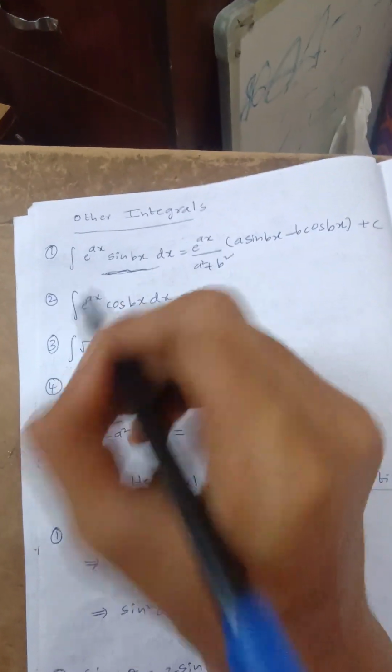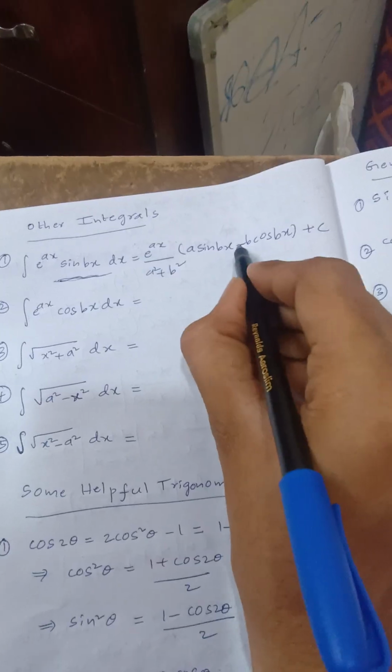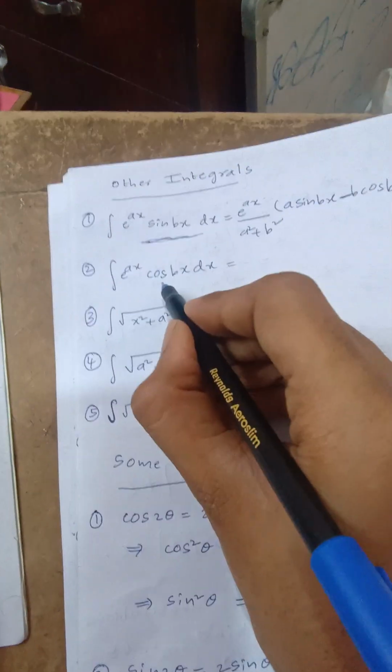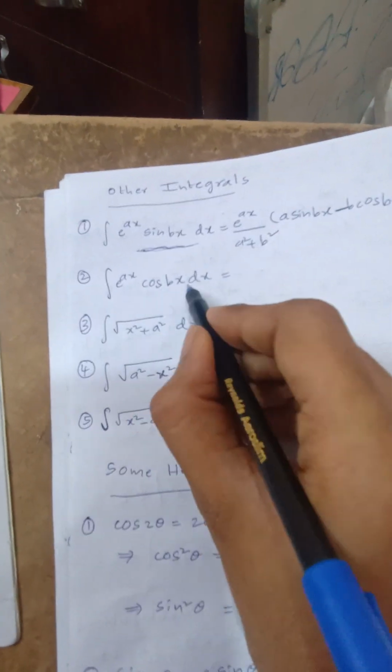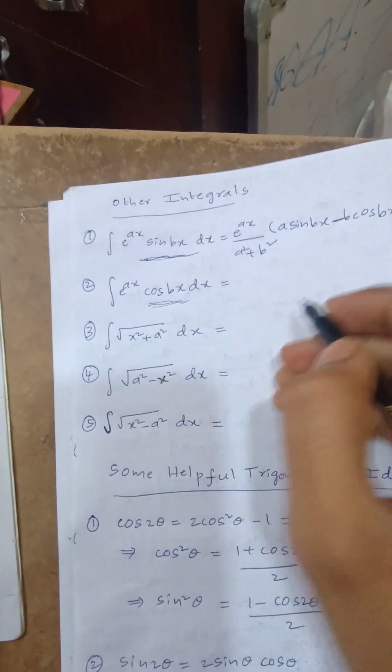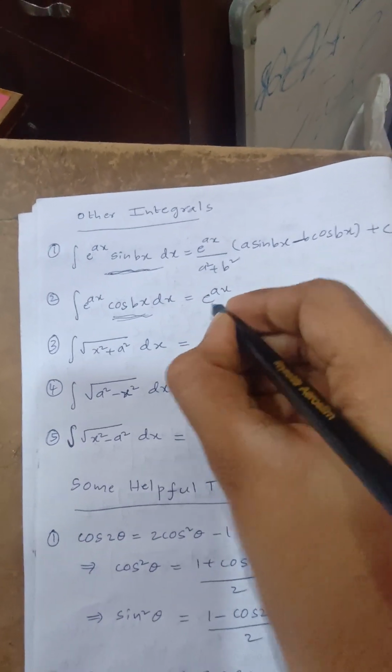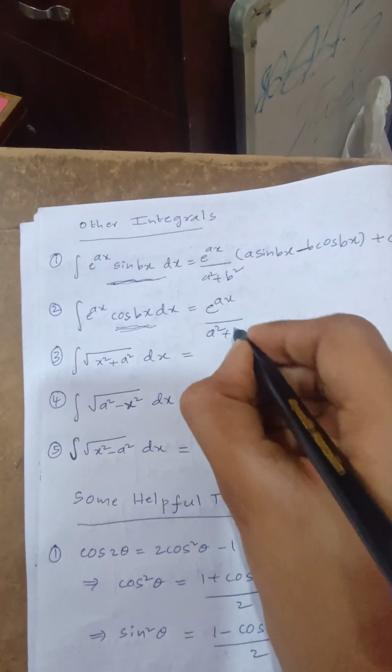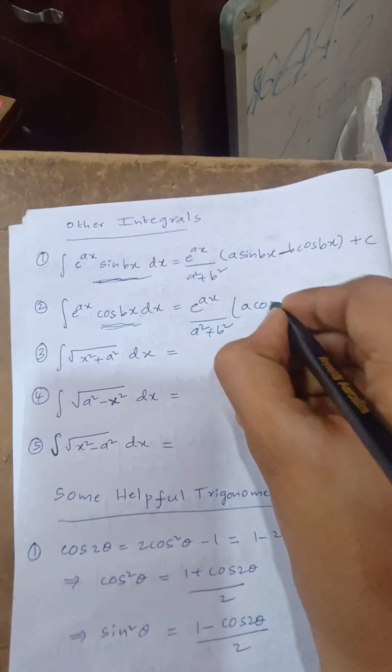So as sin x is an odd function, we can remember the minus sign here. As for integration of e power ax cos bx dx, as cos x is an even function, we can write this as e power ax by a square plus b square, a cos bx.